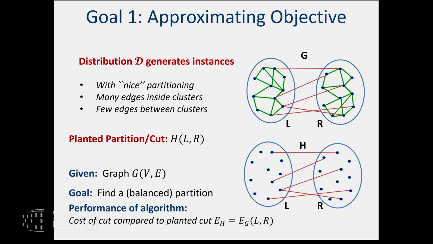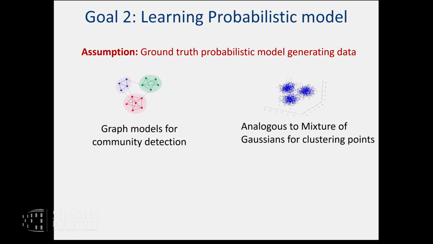Now, another goal that you can ask for comes from a machine learning standpoint. A very typical paradigm in unsupervised learning is to assume that the data given to you comes from a very nice distribution that is appropriate for the task at hand. For instance, if you're given points in space, you may assume that your data is generated from a Gaussian mixture model.